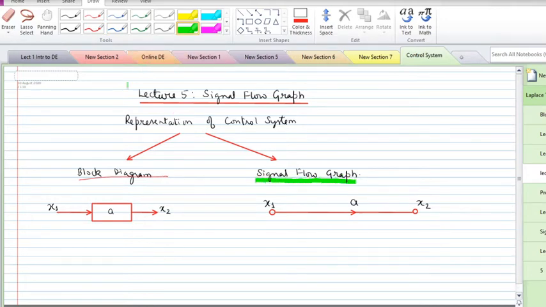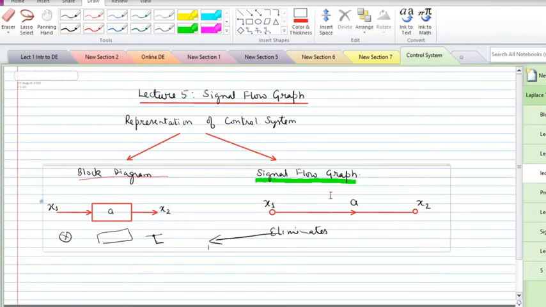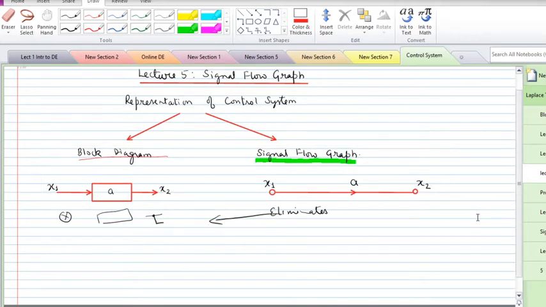The disadvantage of block diagram is that it looks bulkier and it contains a number of summing boxes, blocks, and takeoff points, whereas the signal flow graph eliminates the use of these types of blocks, summing boxes, or takeoff points. So we use signal flow graph in this case.